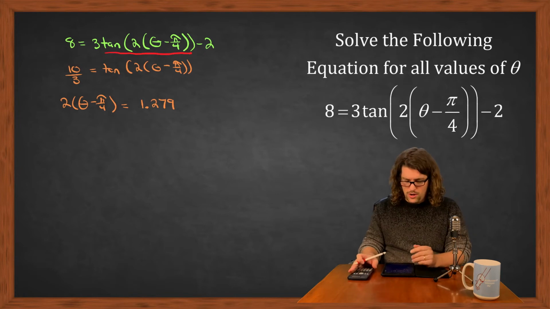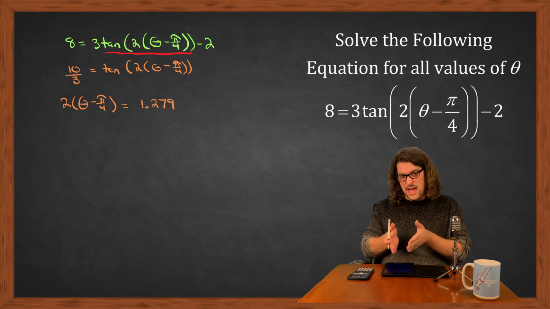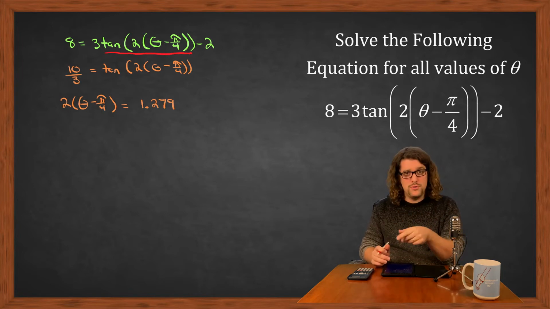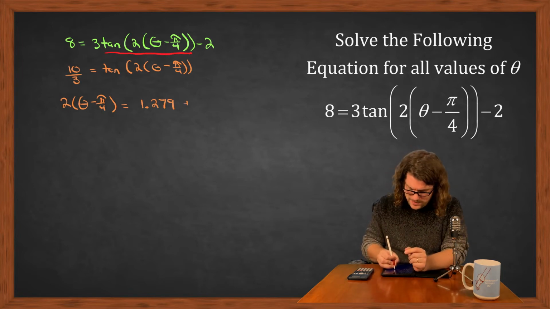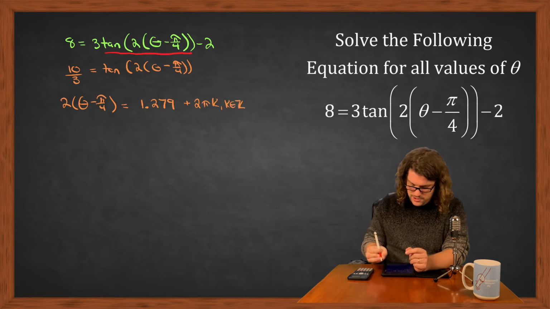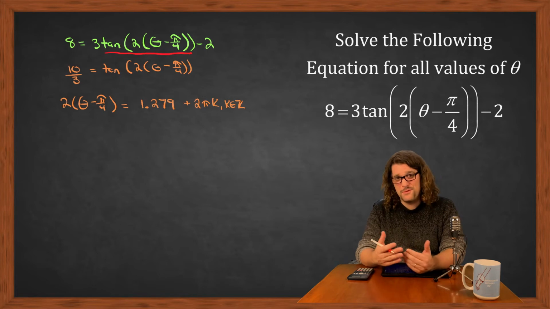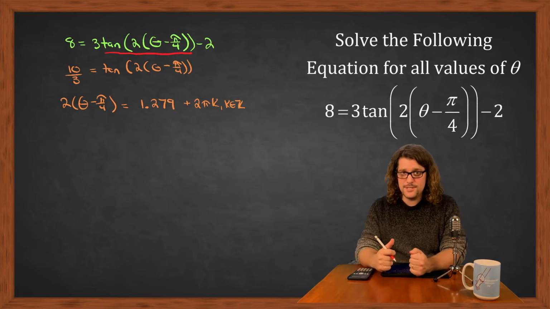Now, we would also say that any full rotation of this, any of the coterminal angles would be acceptable. So I'm going to add on to that 2 pi k, where k is any integer. So 2 pi k, 2 pi is our untransformed size of the rotations there, 1 period. So that should give me my line of answers.